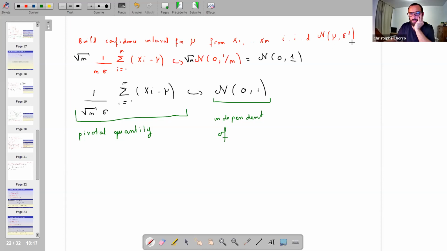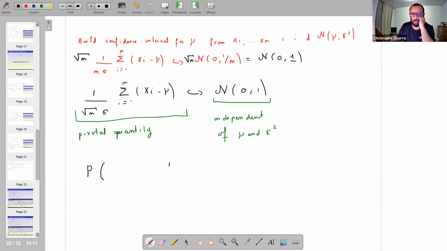Here I have two parameters, mu and sigma squared, the two parameters of the Gaussian, and I have built a quantity based on the observations, the parameters and the number of observations, that is independent of the parameters in distribution. So why may it be interesting for us to have this? Because I can say the following.